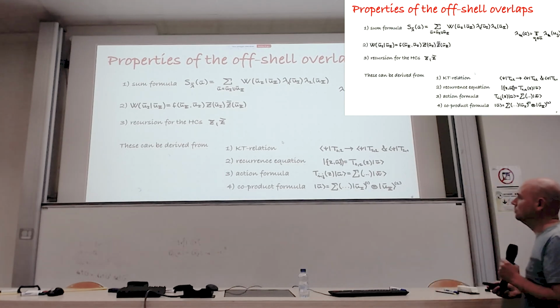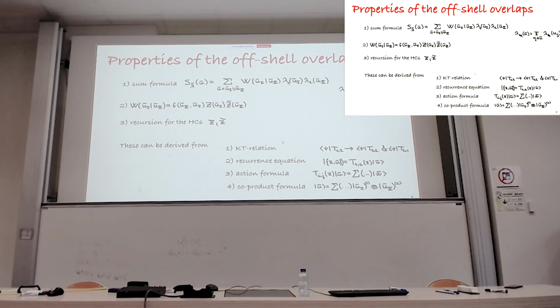Yes. So these are the properties of the off-shell overlap, and we have this second part when we prove that these weights are factorized in this form, and this second equation is derived from the coproduct formula.